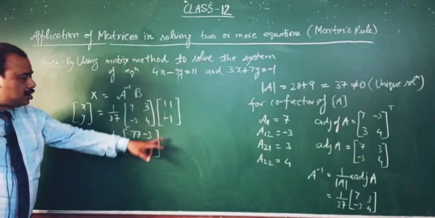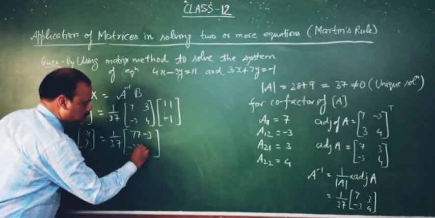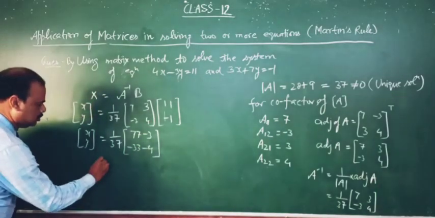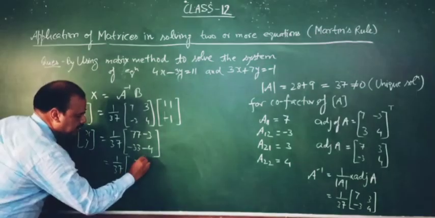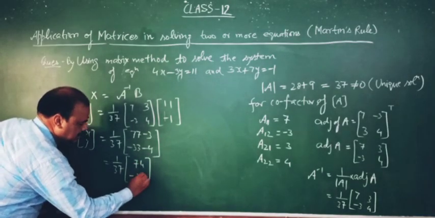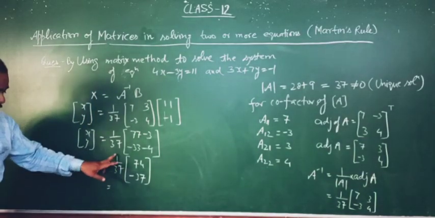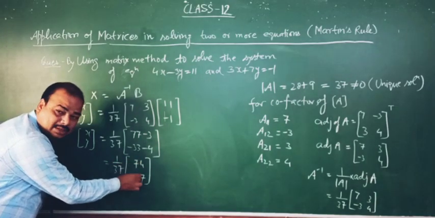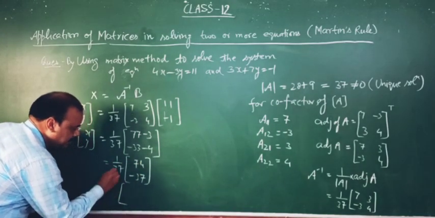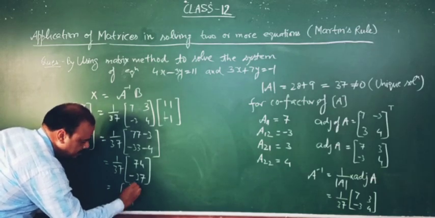Now, second row, first column: minus 33, minus 4. So it means 1 upon 37, this is 74 and minus 37. Now 1 upon 37 multiplied by these two elements will give 37 to the 74, 2 and negative 1.